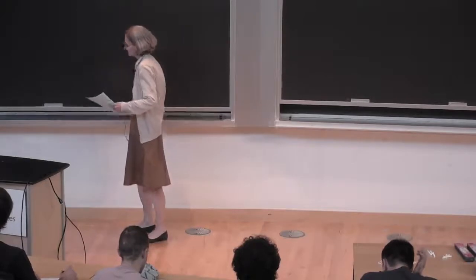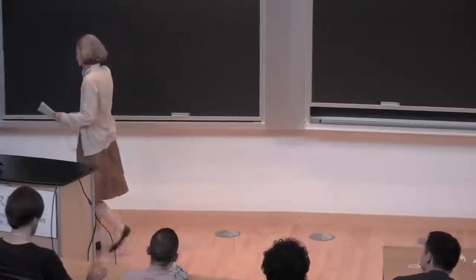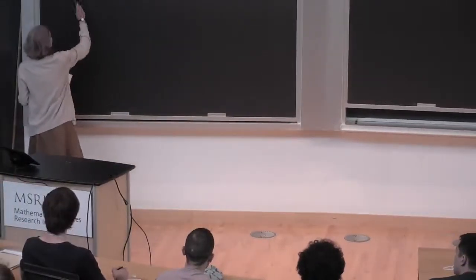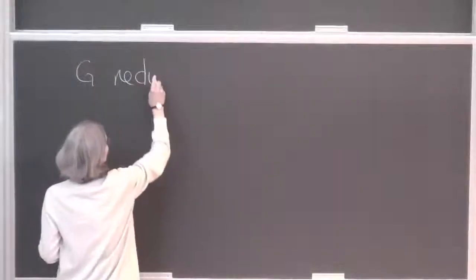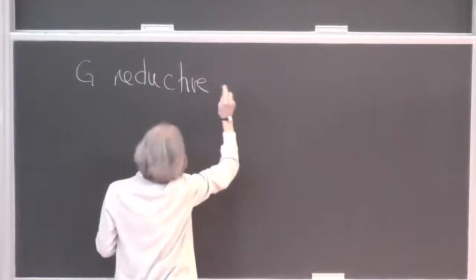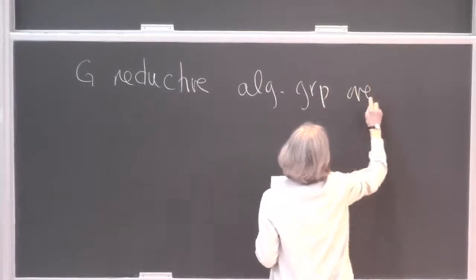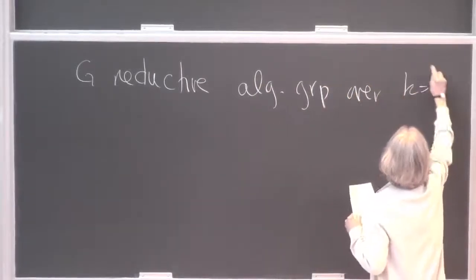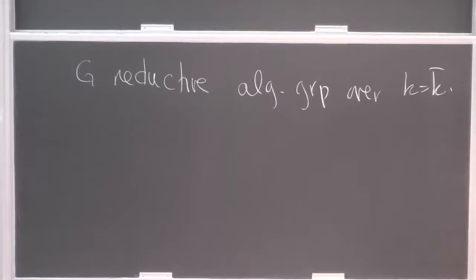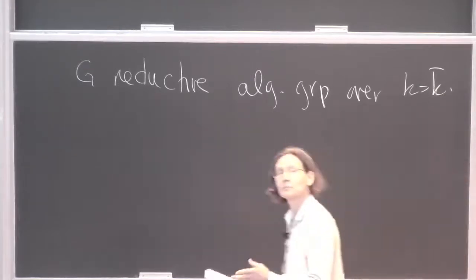by recalling two of the objects that Meinhof mentioned. So I take G to be a reductive linear algebraic group over a field K. And then we had a Borel subgroup and a maximal torus.